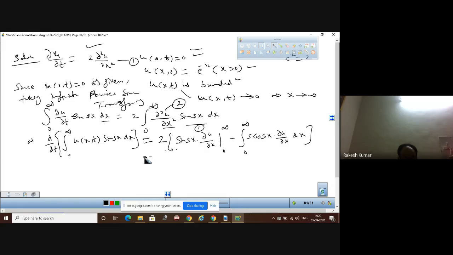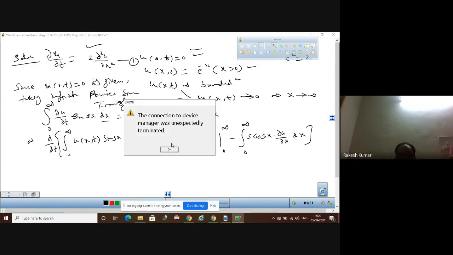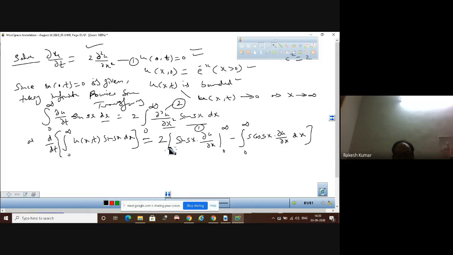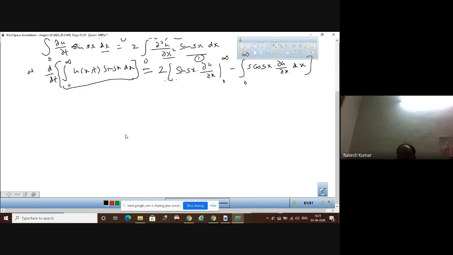Now, we know that on the left hand side, this bracket is the Fourier transform of the function u(x,t).